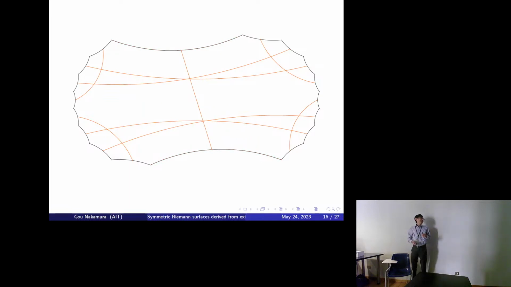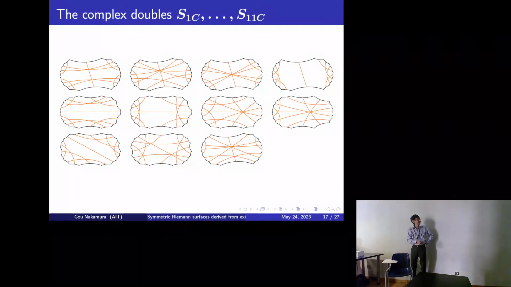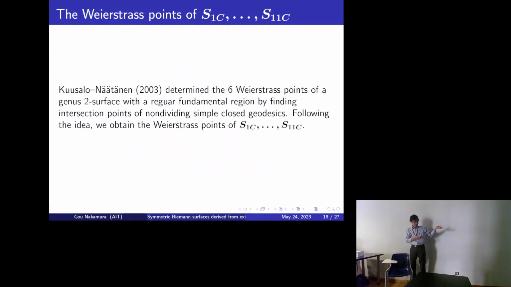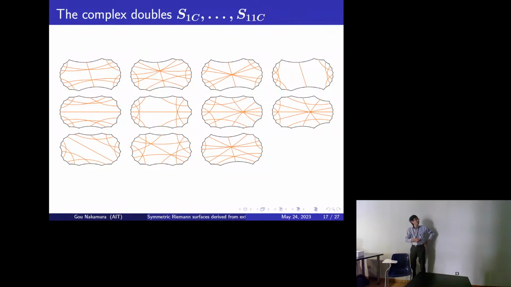So we get a suitable fundamental region of the complex double. This has 18 sides. Trying such a procedure for all 11 surfaces, we get 11 fundamental regions of the complex doubles. Of course, these are symmetric Riemann surfaces.